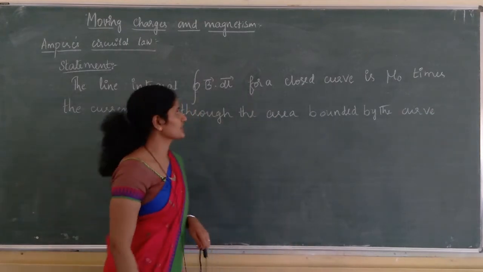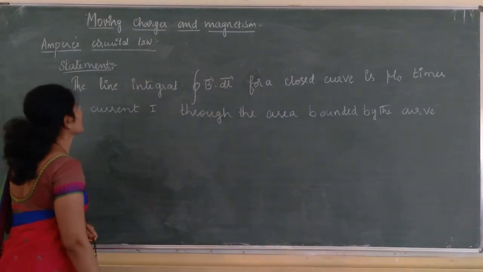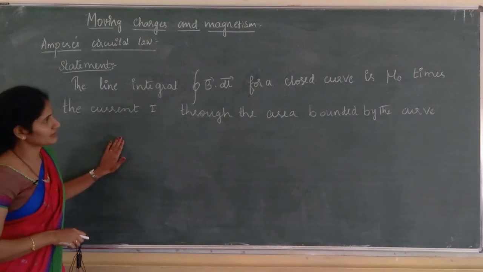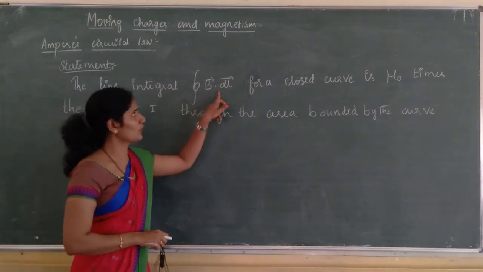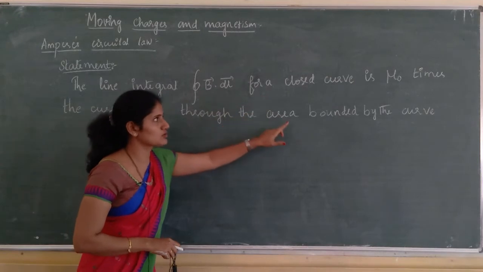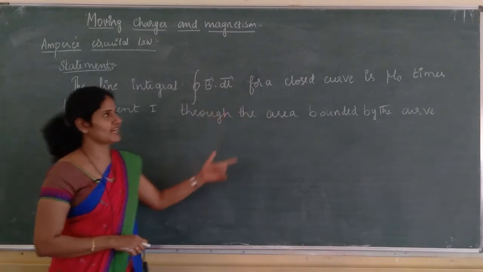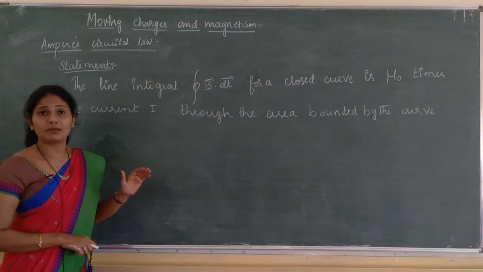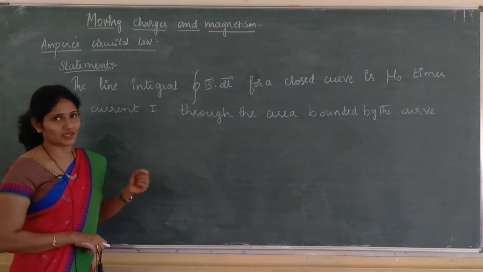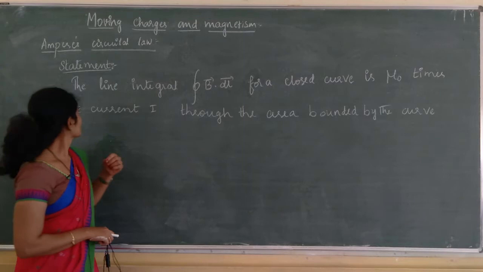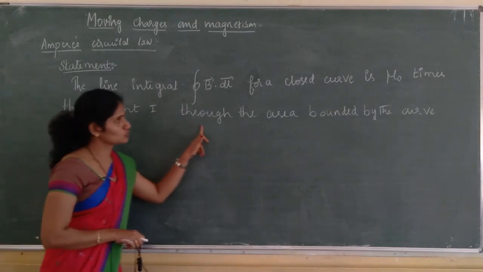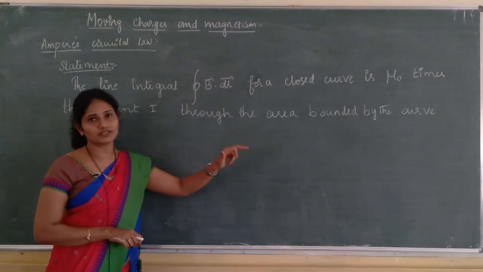So this is the statement of Ampere's Circuital Law. According to Ampere's Circuital Law, the line integral B dot dl for a closed curve is mu naught times the current I through the area bounded by the curve. What is mu naught? Mu naught is the permeability of free space, right?